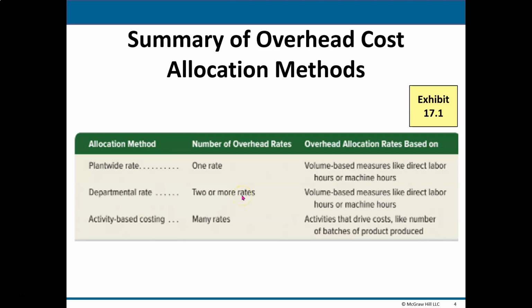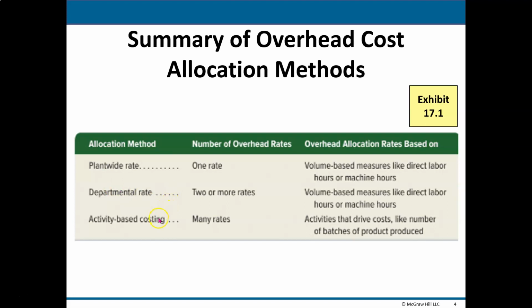And the reasoning behind that is some products that we carry will consume more overhead resources in Department A than they do in Department B or C. Other products may consume more overhead in Department B rather than Department A or Department C. So again, overhead allocation is based on the consumption of overhead resources, and the departmental rate tries to refine that plant-wide rate to get it more down to a departmental basis.